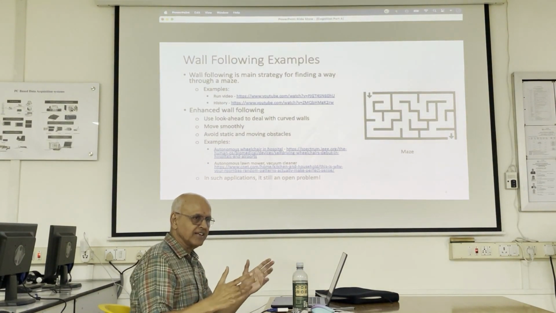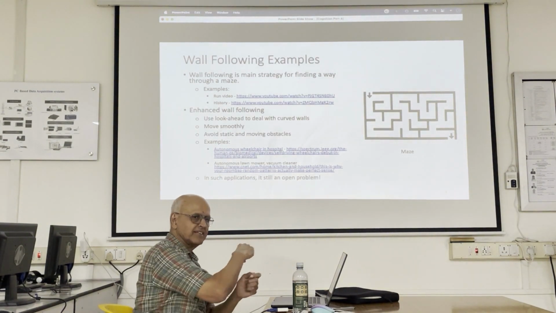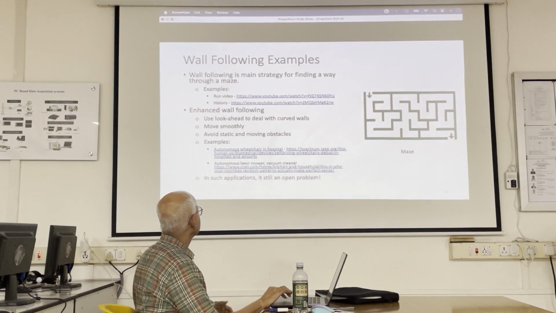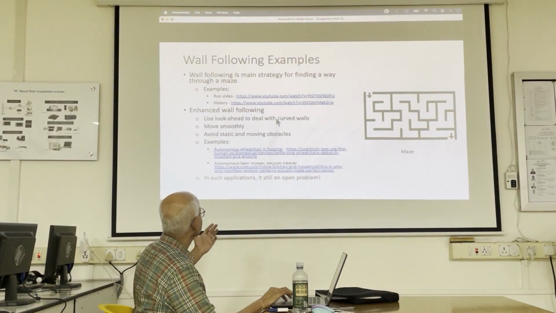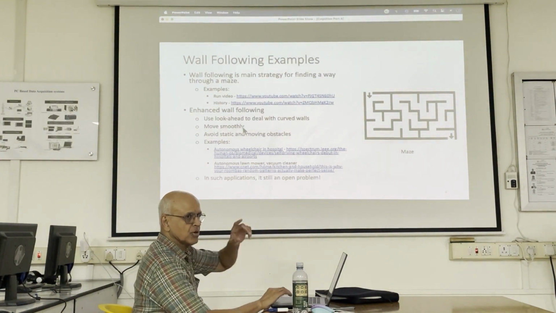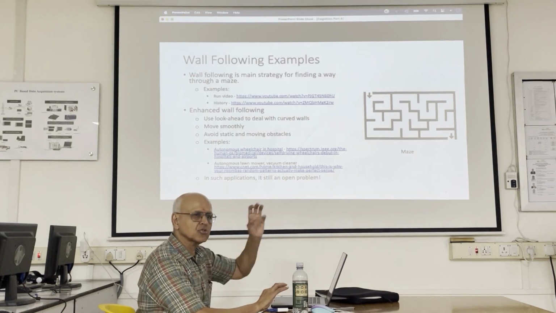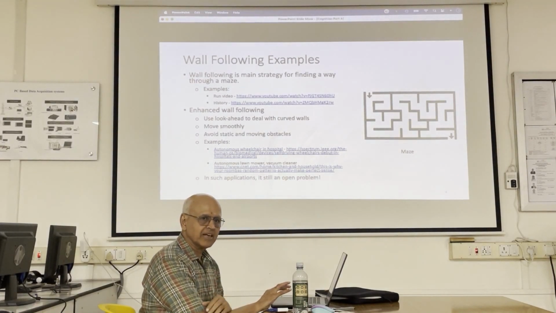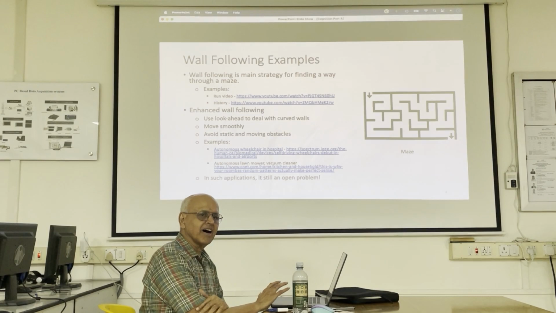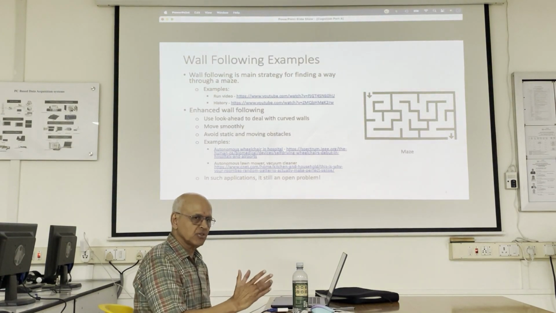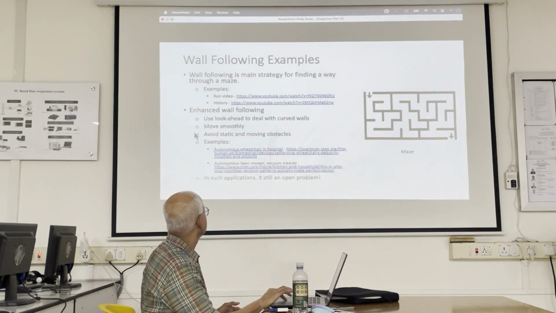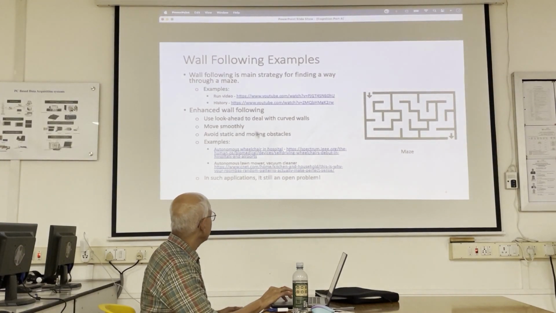And that's how we drive, right? We don't drive right up to the obstruction and then try to turn. So there are algorithms that have a look ahead capability, and also you must move smoothly. Now you don't see that here because this micro mouse is so light, so it's a kinematic vehicle. But if you have a regular car, then you have to worry about smooth driving also. So move smoothly, avoid static and moving obstacles will introduce another element of difficulty.